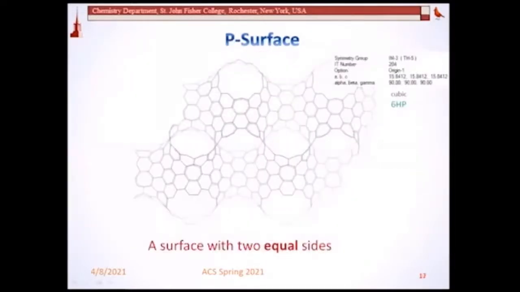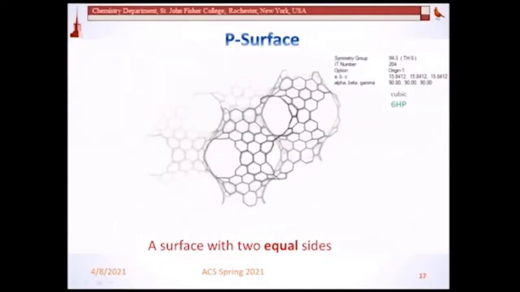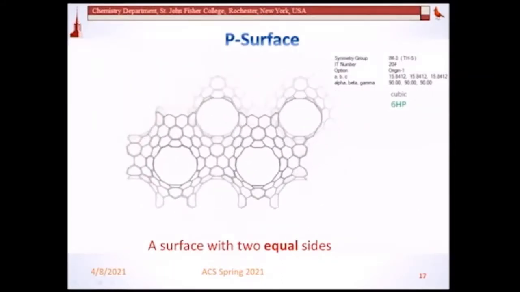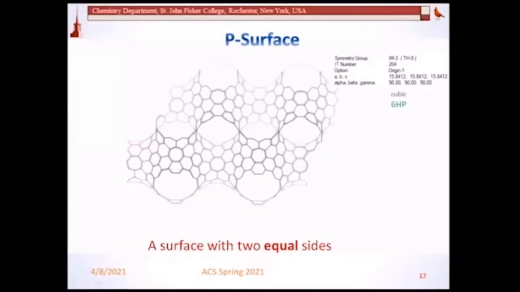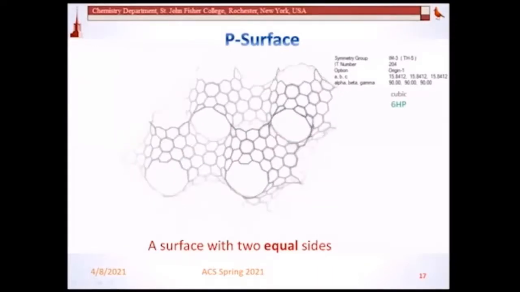And we also tried to construct the P-surface, and that is really hard to do. So this one actually has one hexagon replacing the heptagons, and that also creates the cubic symmetry. We can see this in the 3D space, and it has 2 equal sides. One of the sides, I will talk about later.